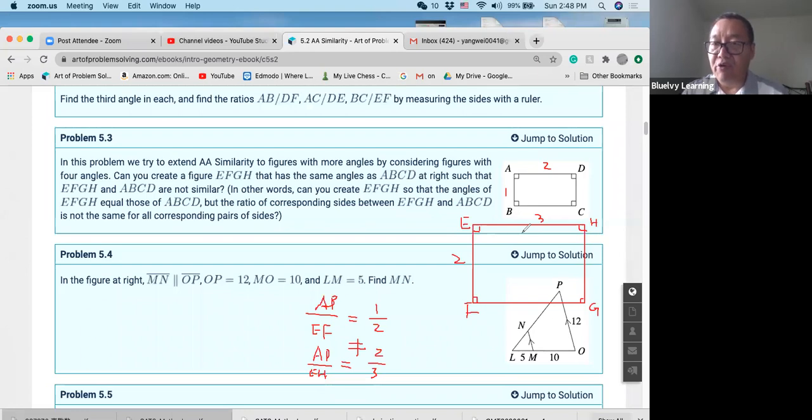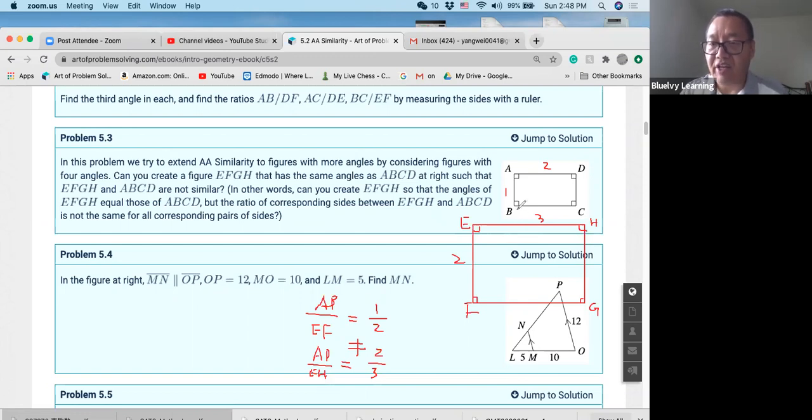But for rectangles, even if all their angles are congruent, we still cannot guarantee these two rectangles are similar, because this one has more sides than the triangle. So the AA similarity only applies to triangles, not to rectangles. For rectangles, that's not true.